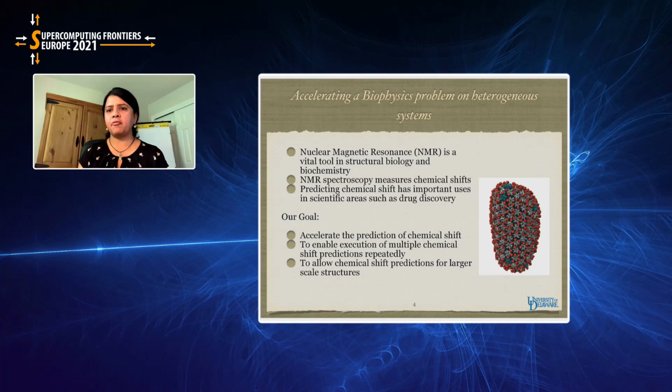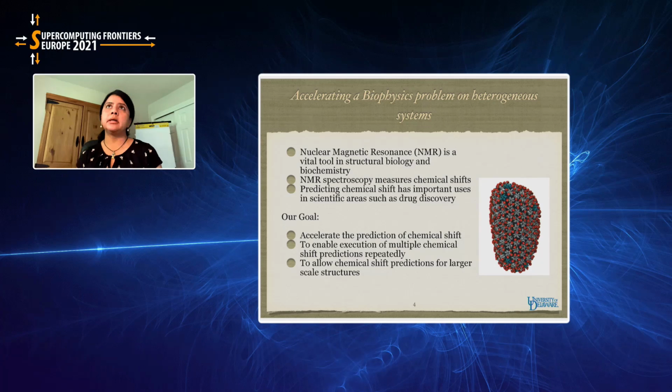So our goal was to find a way to accelerate the prediction of chemical shift of protein structures, and to that end we started off with a C code from Ohio State University, written for the biophysics algorithm, which had never been parallelized or accelerated before. So it's basically written for that particular algorithm.